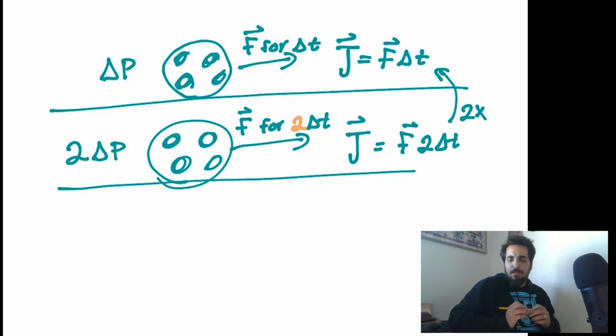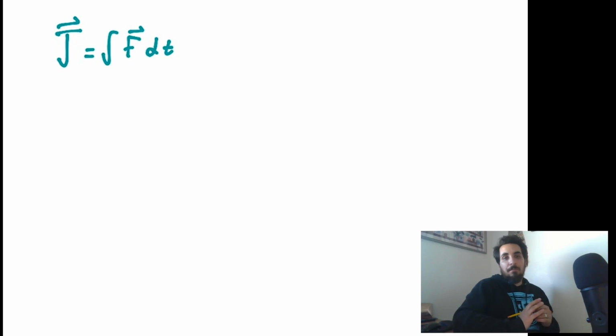If instead our force changed over time, though, what happens if our force changes over time? Well, if our force changes over time, we have to use the idea that our impulse J is equal to the integral F dt. We must use that. But here's the good news.